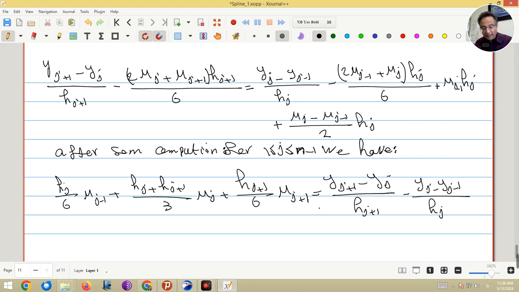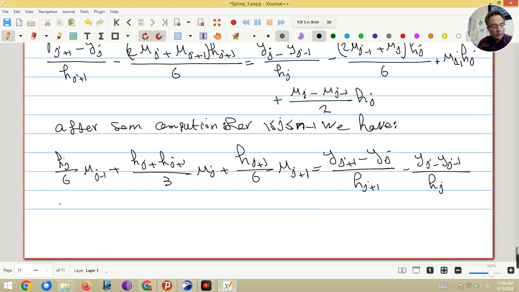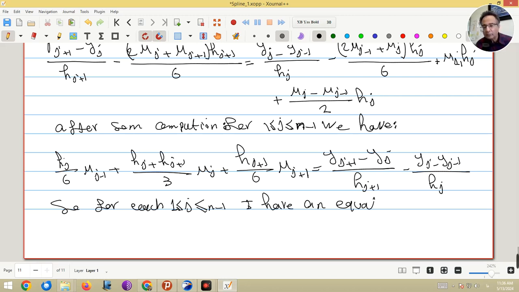So finally, I have n minus 1 equations with n plus 1 unknowns. Okay, so for each j greater than or equal to 1 and less than or equal to n minus 1, I have an equation with 3 unknowns.